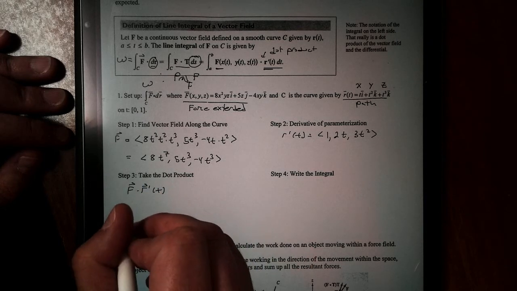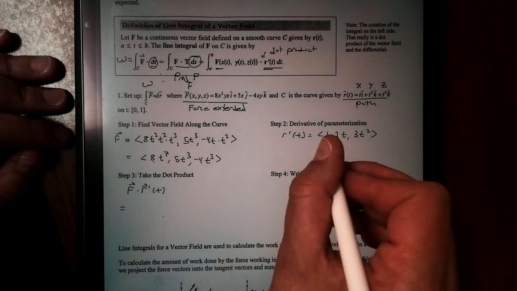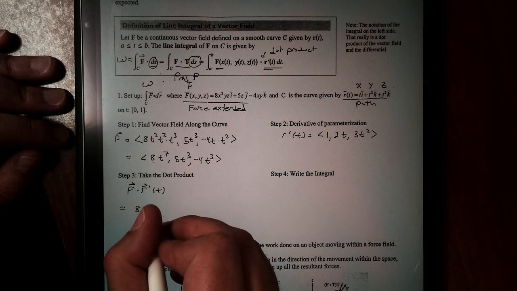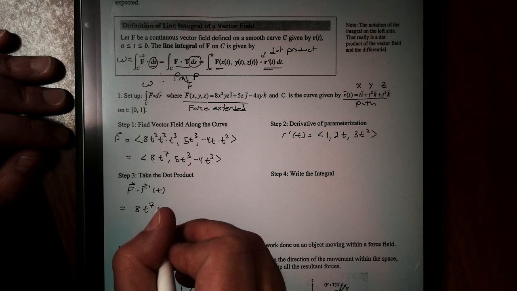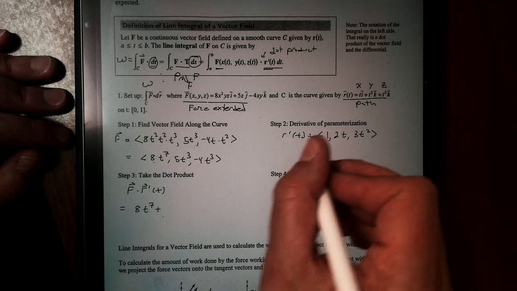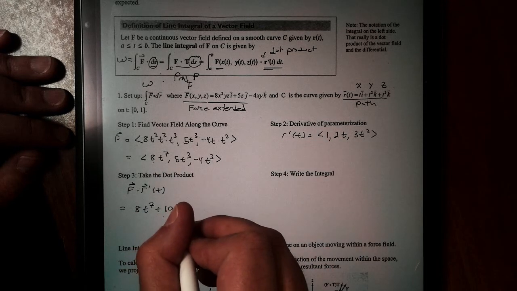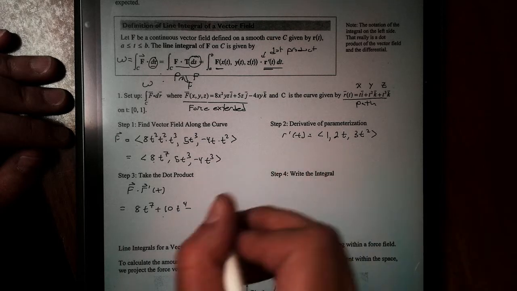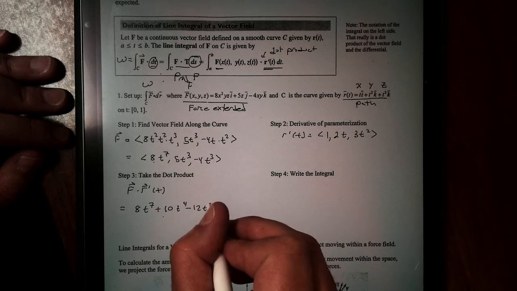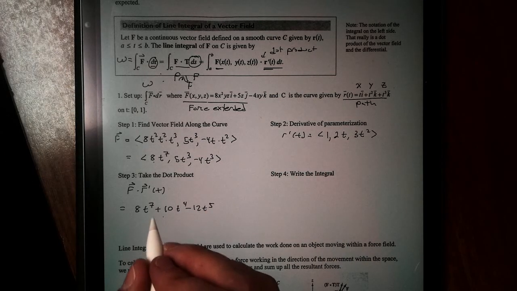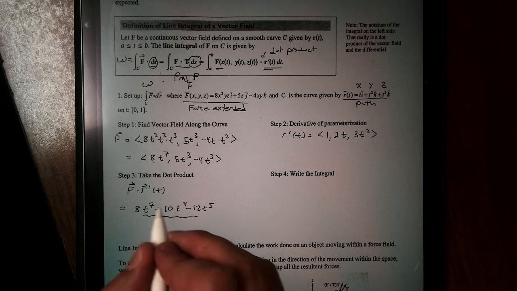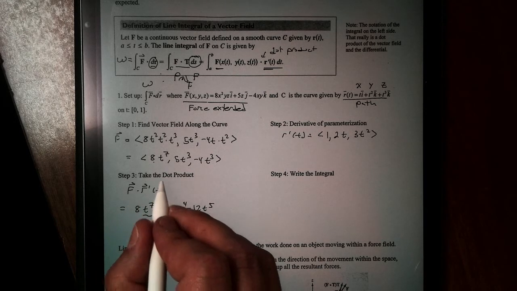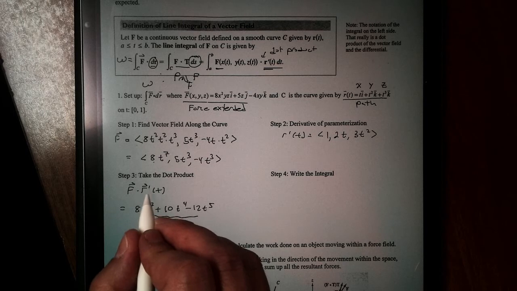And if we do that, we would get 8t to the 7th plus 10t to the 4th minus 12t to the 5th.